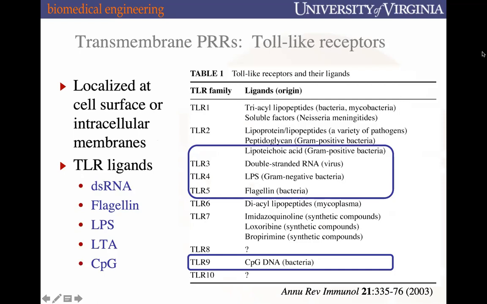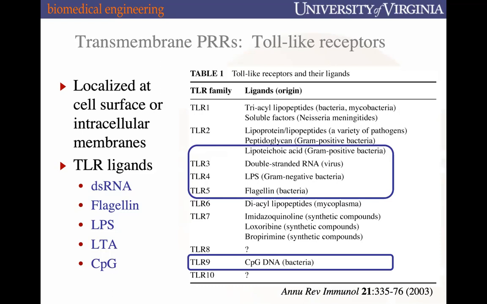Another set of pattern recognition receptors, both transmembrane and intracellular, are called toll-like receptors. Traditionally, fly geneticists are usually the ones who historically have discovered things first. These were first discovered in flies, and they named that gene toll.